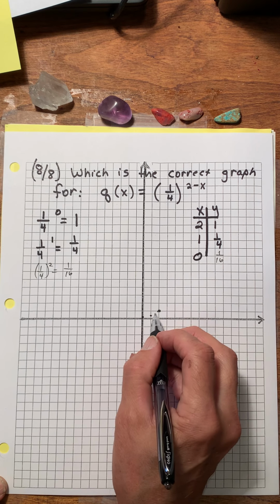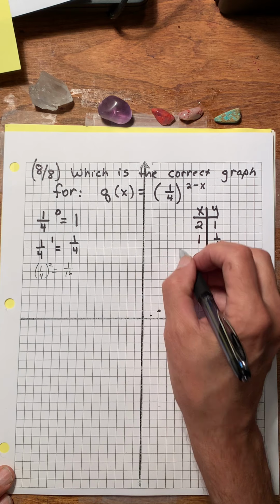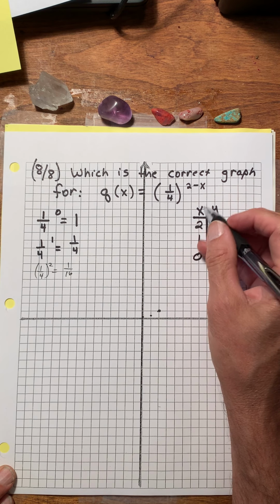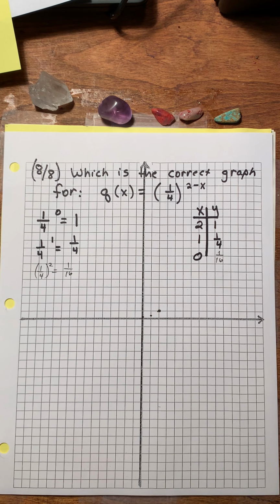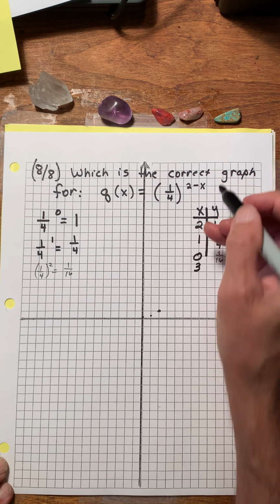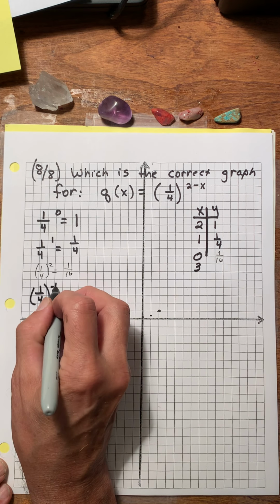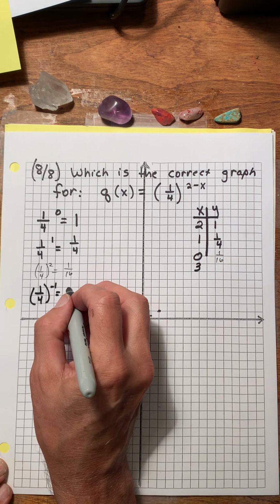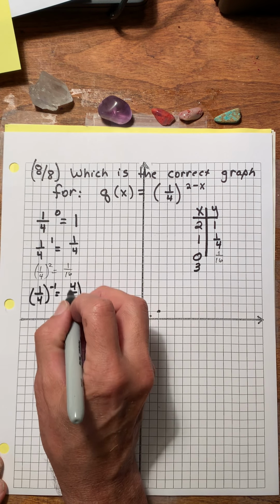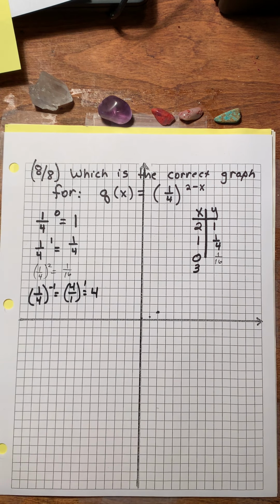You see what it's doing? It's getting asymptotic here, getting closer and closer, and of course it's going to go higher and higher here. In fact, if I did 3, 2 minus 3 is -1. 1/4 to the -1 is the same as the reciprocal to the +1, and that's just 4.